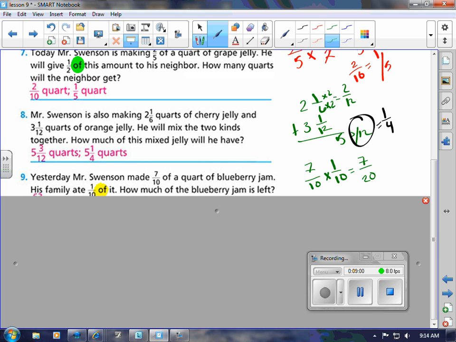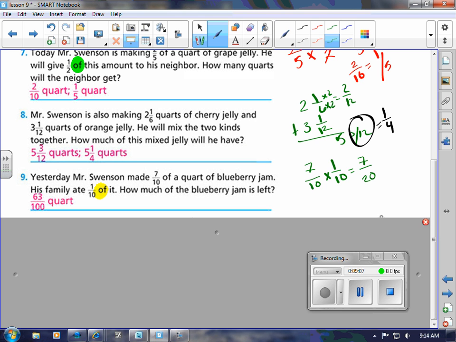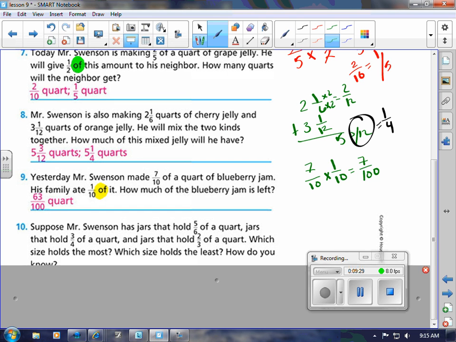Okay, how much is left then? Well, 7/20. Oops, I multiplied wrong. I added there. Let me erase, guys. They ate 7/100 of it. They had left the leftover portion of it, so 63/100. Does that make sense? Okay, let's go on.